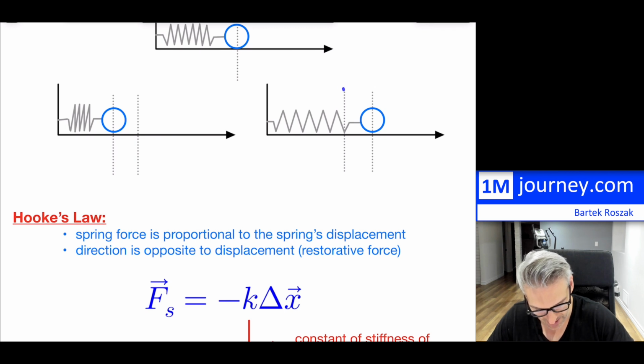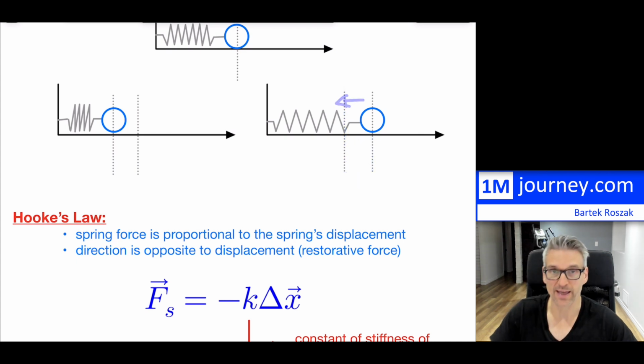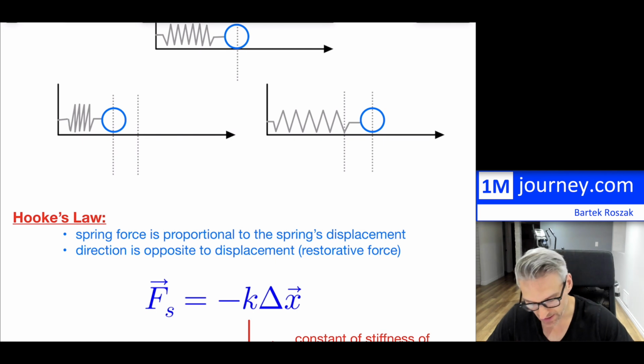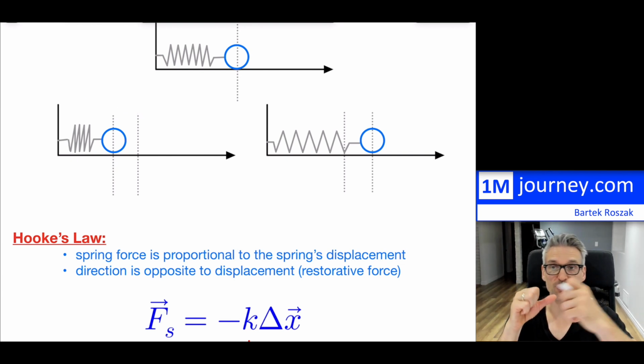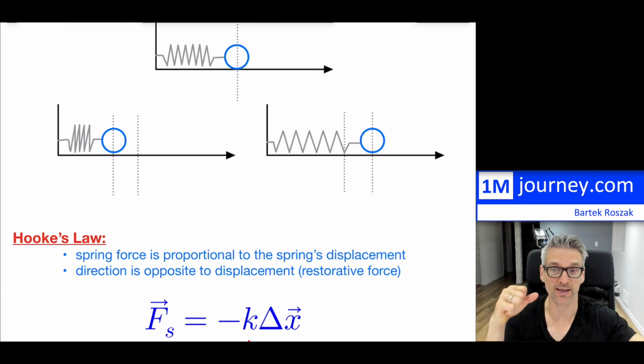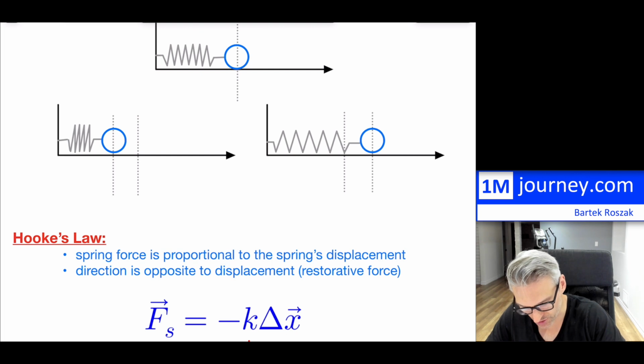If this is 0, and you start to displace it, this would have been delta X. If you displace it in the positive, then the force is going to be in the negative, meaning in the opposite direction. If you do the same thing and compress the spring, it will want to reload back, to restore itself to this position.